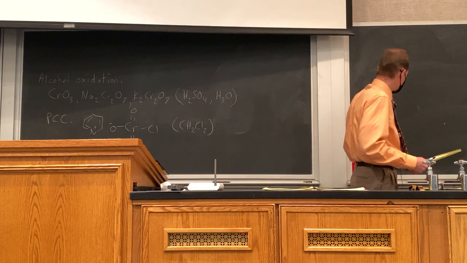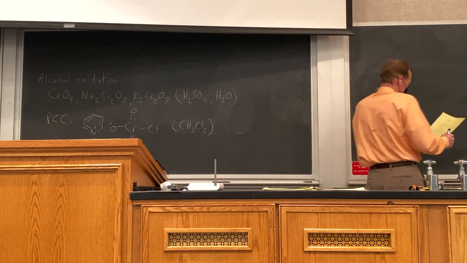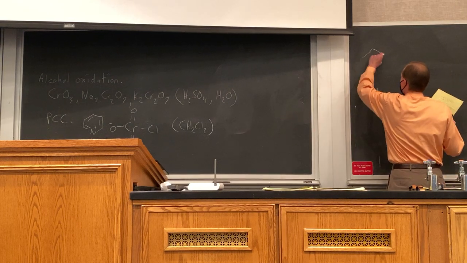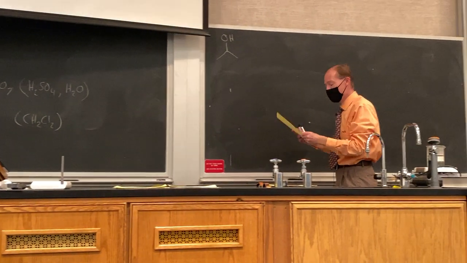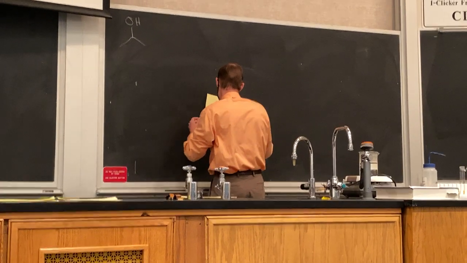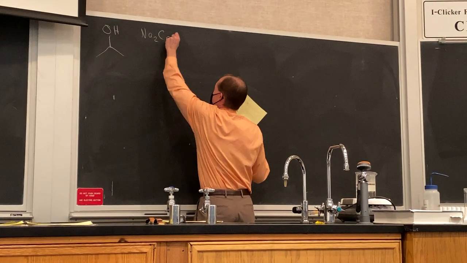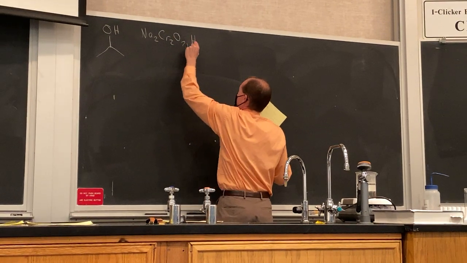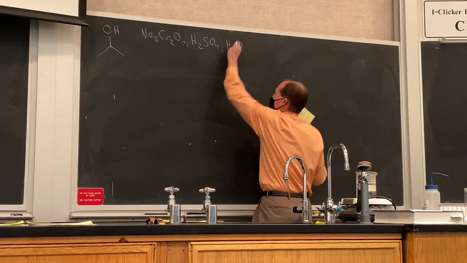Okay? So when we're oxidizing a secondary alcohol, it doesn't matter which of our reagents we use, we have the same outcome. So we could use dichromate, sulfuric acid, and water.